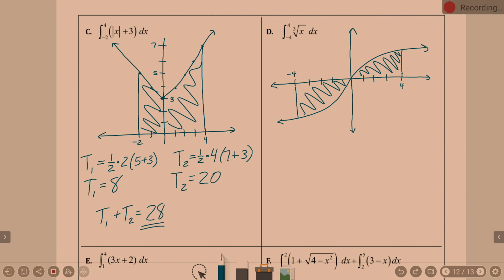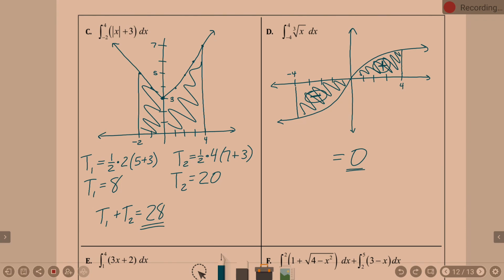So they cancel, because this graph is symmetric about the origin. This is an odd function. This piece right here is going to be a positive area. This piece right here is going to be the equivalent negative area. Do I need to know what those pieces are? Nope. No. I know it equals 0. I don't have to do any more specific math than that.